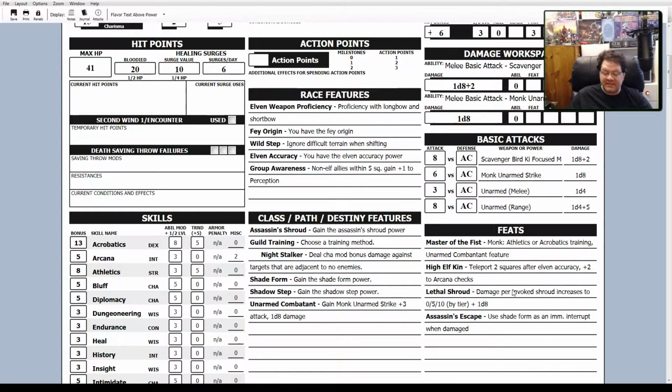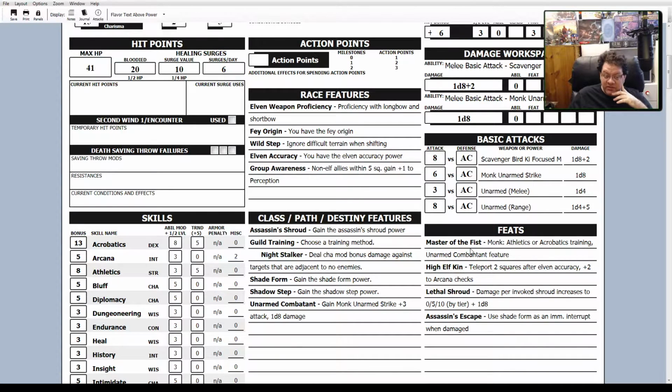In 4th edition, every other level you get a feat, and at first level you get a feat. So at 6th level, I would have a first level feat, a second level feat, a fourth level feat, and then a 6th level feat. So the other way you can multi-class instead of doing a hybrid is you actually take a feat that gives you access to some of the abilities of another class.